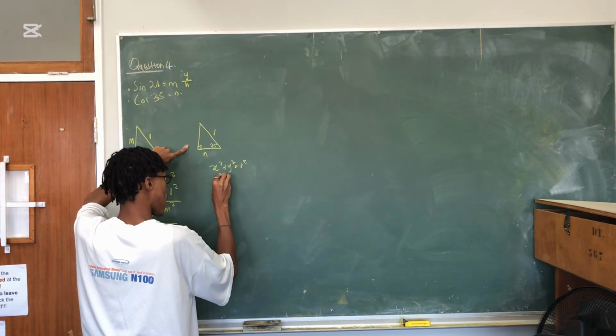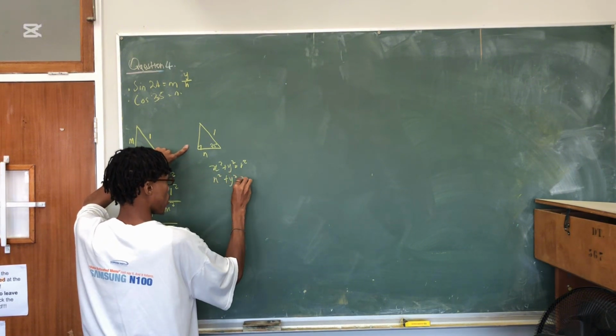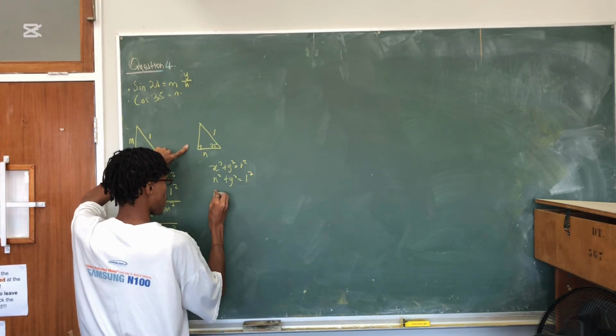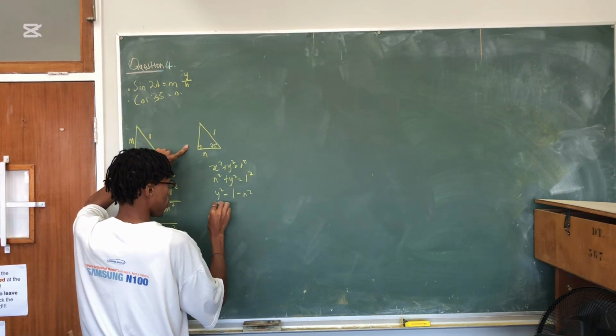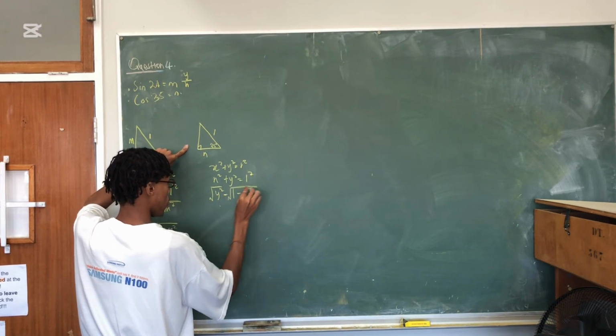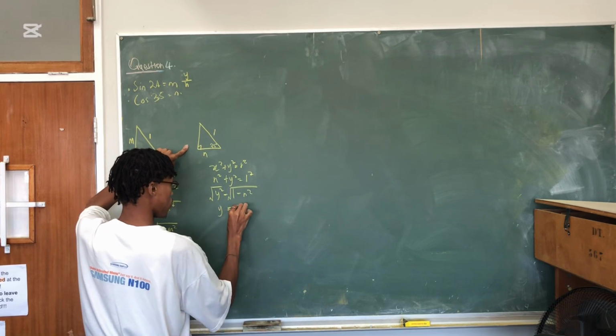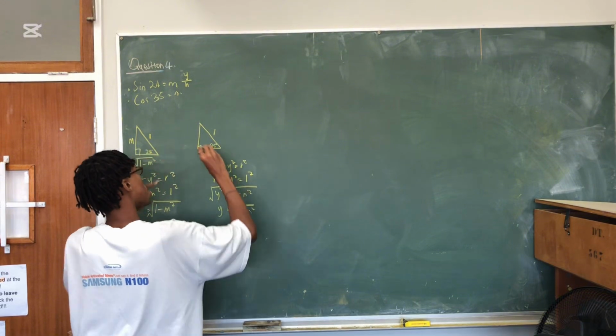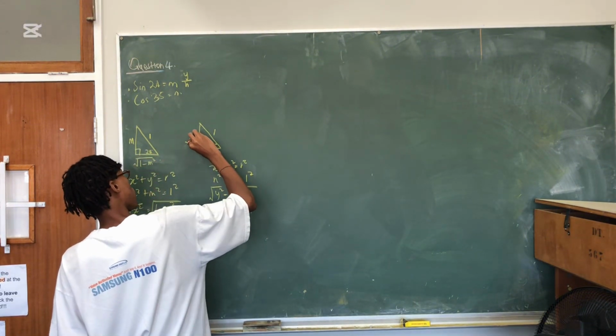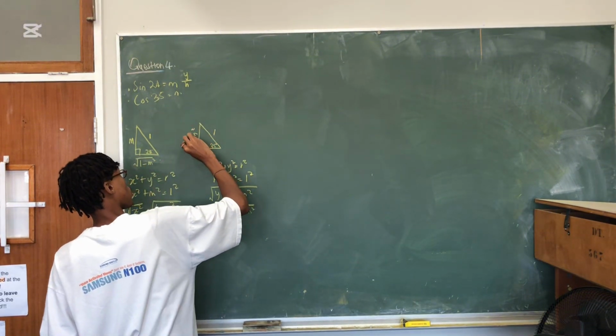N squared plus y squared is equal to 1 squared. Y squared is equal to 1 minus n squared. Find the square root. Therefore, this side is the square root of 1 minus n squared.